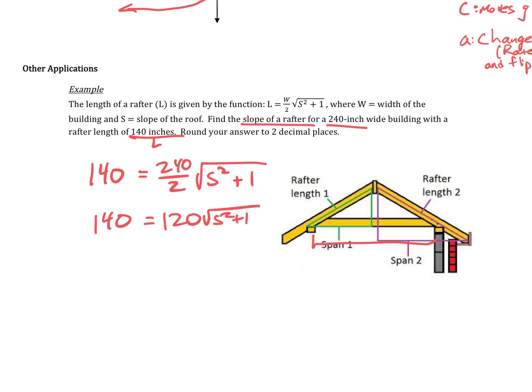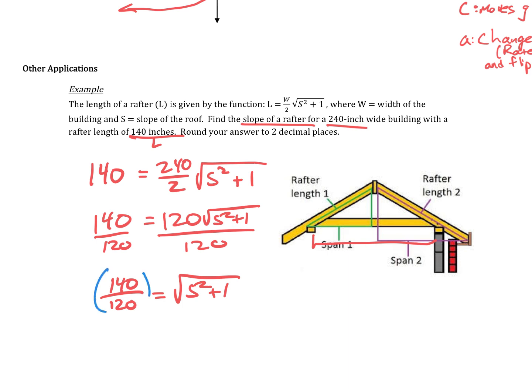Okay. We could solve this. We get 140 over 120, and I'm going to just leave it like that for the moment. And we have to square to get rid of that exponent there.